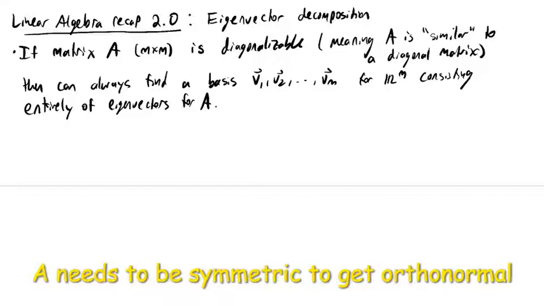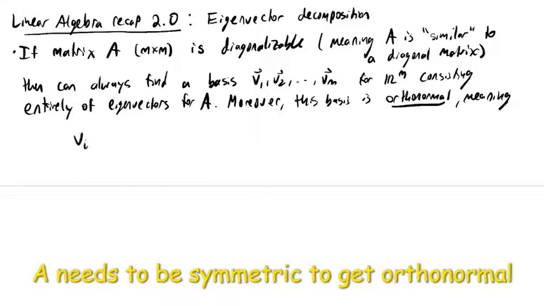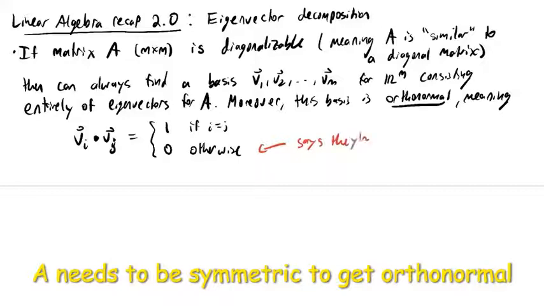It turns out that this basis can be chosen to be an orthonormal basis, meaning perpendicular and normalized, right? So moreover, this basis is orthonormal, meaning the following. So if I take the dot product of any two vectors, say vi and vj, this is equal to 1 if i is equal to j and 0 otherwise. Right. And so in particular, this says that they're perpendicular if i is not equal to j.